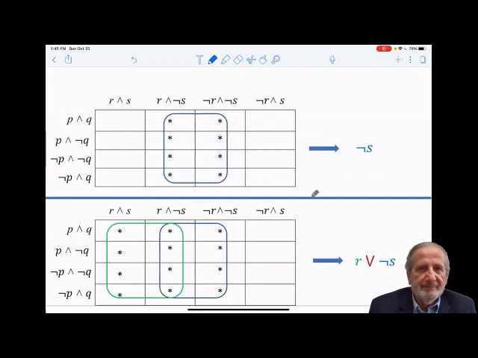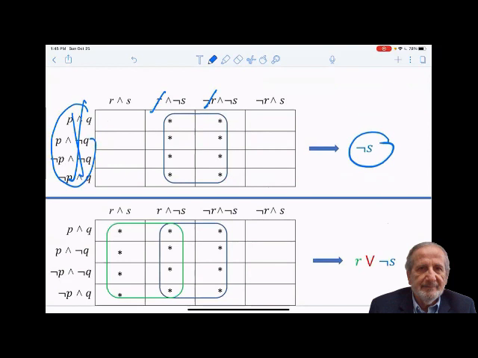So now if you have this 8 situation here, what you have to do is block all of them 8. What happened? All this left side cancels. On top, you have r cancels not r, and the answer is not s. In this example here, you have 2 blocks of 8.